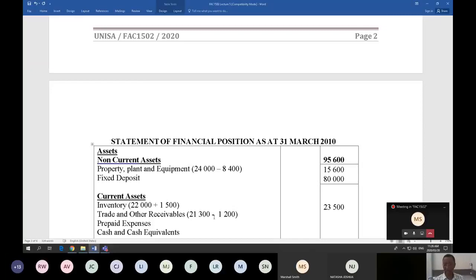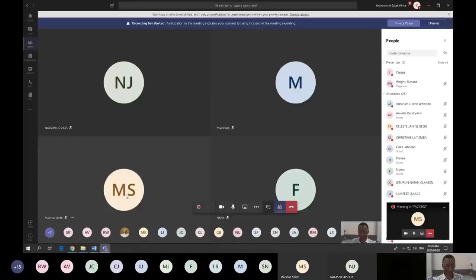You must know the format that we discussed under lecture number 4, where your trade and other receivables is your trade receivables, which is your debtors, minus allowance for credit losses, plus your accrued income.